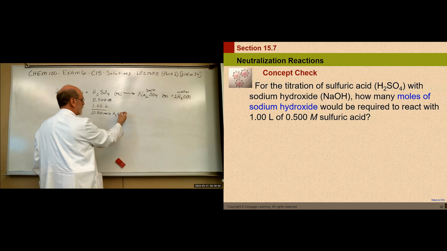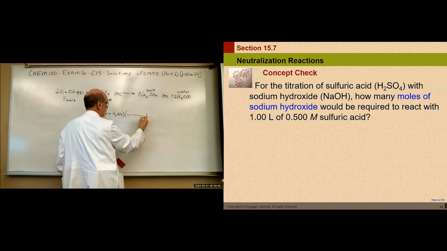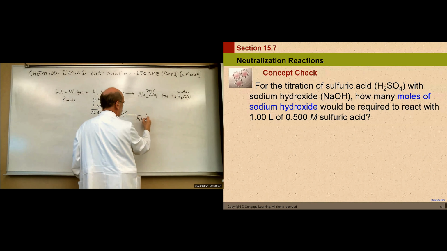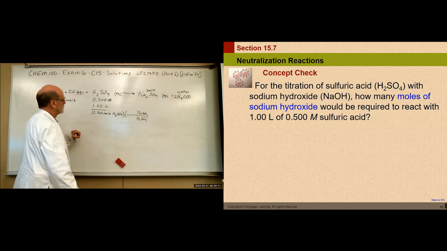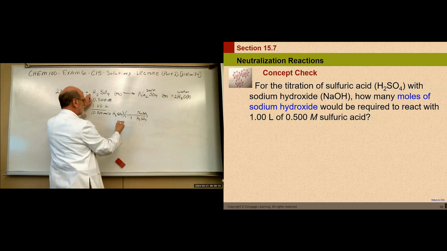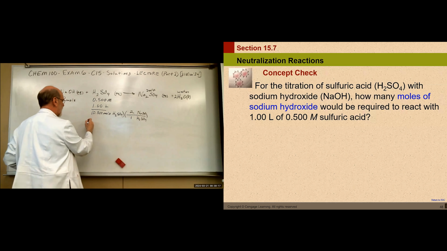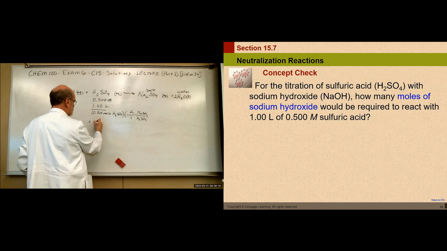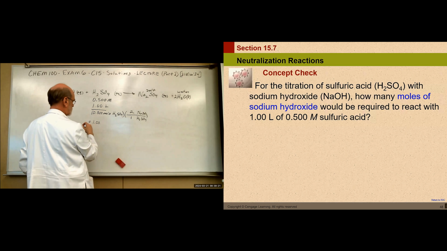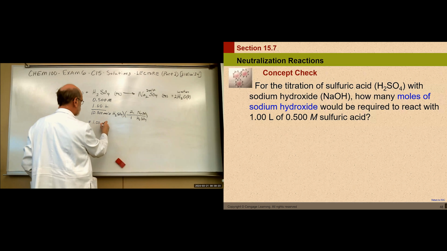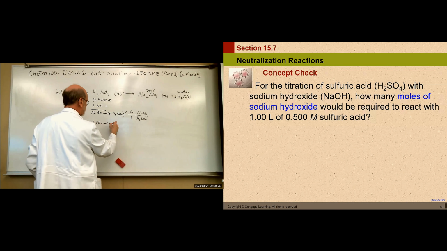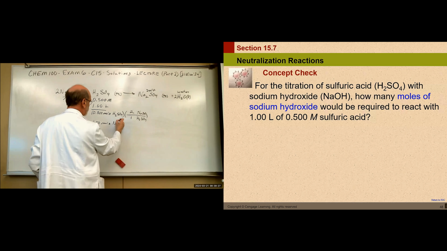All we need is a conversion factor. H2SO4. So what's the ratio? Well, we have 1 of these and 2 of those. So that equals 1.00 moles of sodium hydroxide.